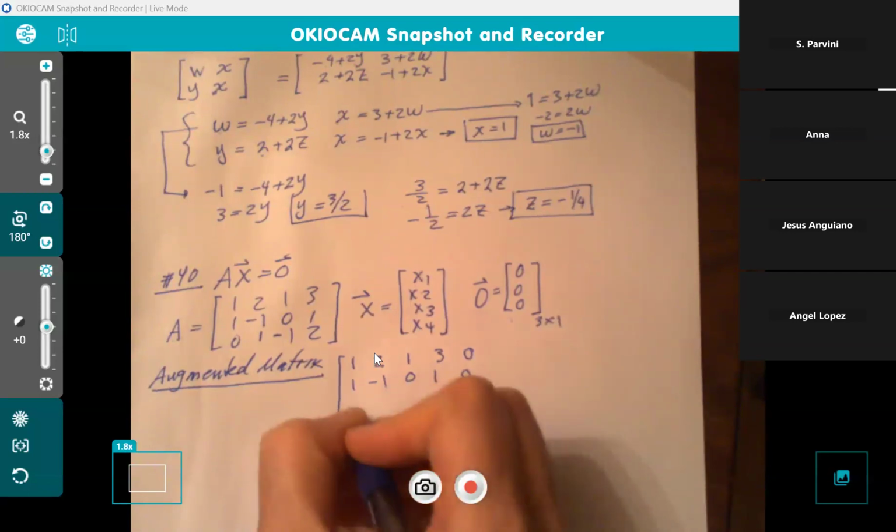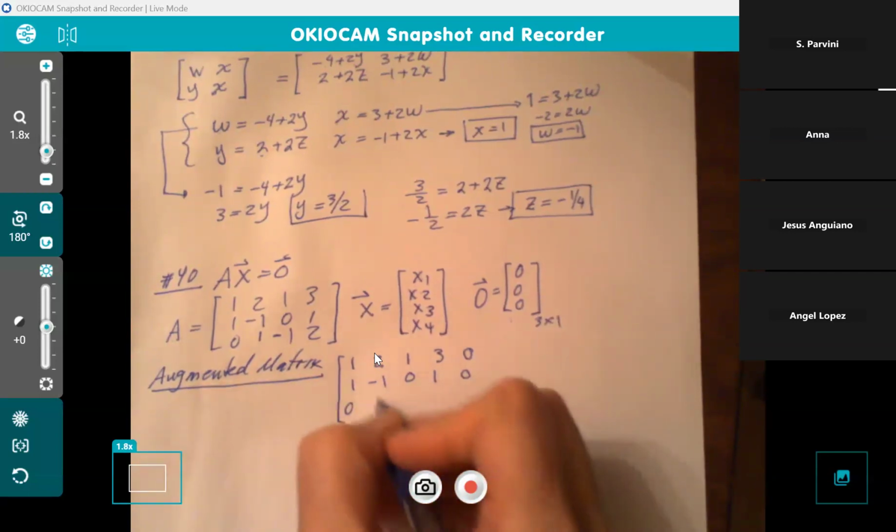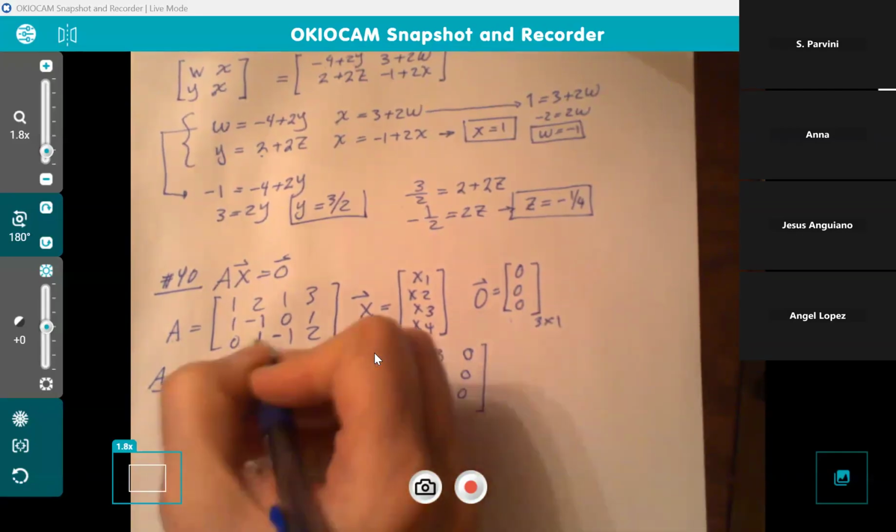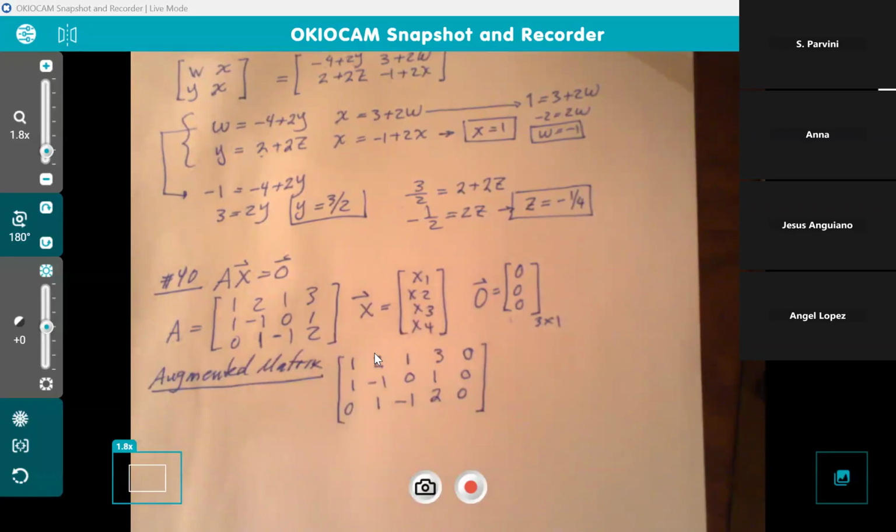And finally, the last row is 0, 1, negative 1, 2, 0. And there you have it. And this is what we call the augmented matrix. Now, what we're going to do next is go to Symbolab. Remember, this is the matrix I'm going to turn into Symbolab. So let's do that.